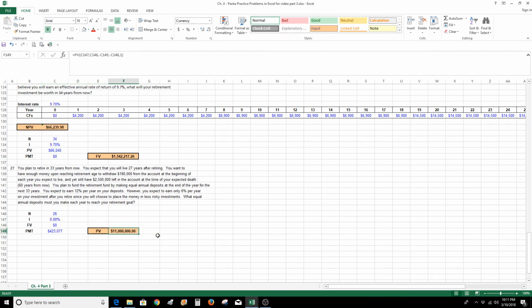We're going to change this because this is not an annuity due. Okay, so N is 27 years of making withdrawals. You know that the interest rate, it says you expect to earn only 6% per year on your investment after you retire.